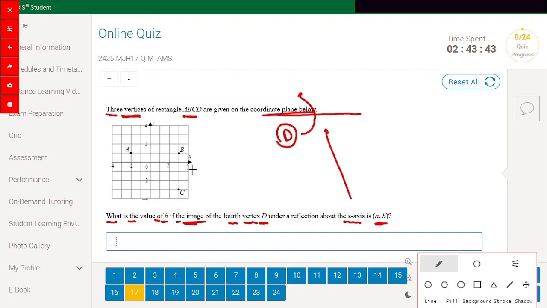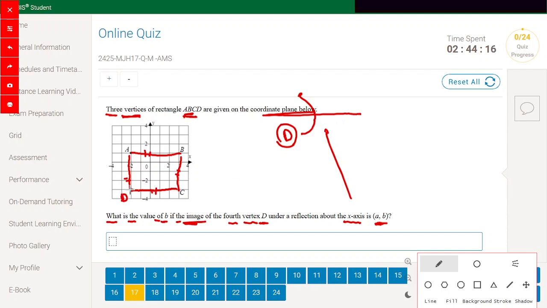Because it's a rectangle, we have this A, B, C. Now, as a rectangle, we know that AB will equal CD. So that means we will move the same units of AB until we get D. At the same time, AD equals BC and AB equals DC.